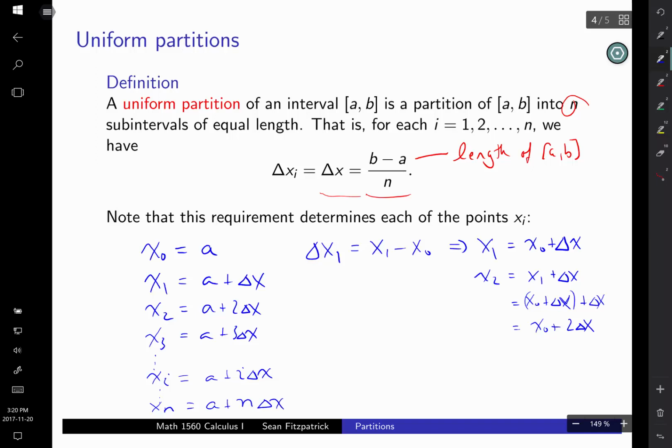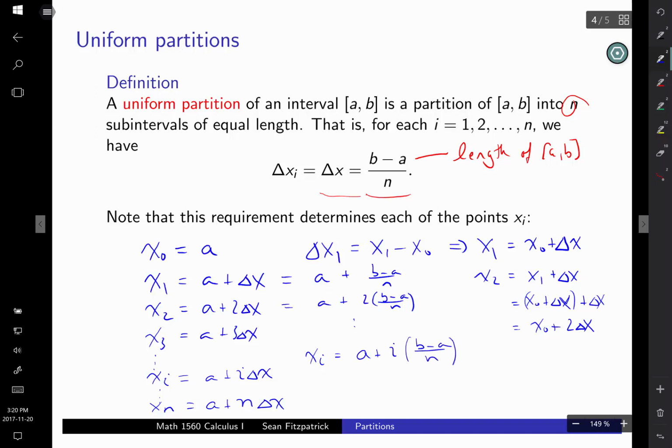So what this looks like if we actually put delta x in: x1 is going to be a plus b minus a over n. x2 is going to be a plus 2 times b minus a over n, and so on. So xi looks like a plus i times b minus a over n.